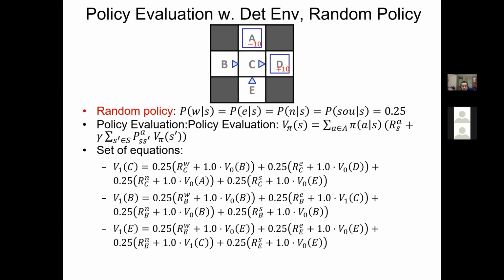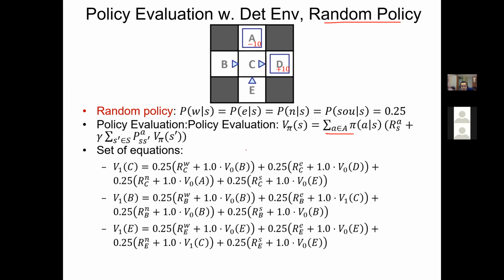And for deterministic environment and random policy, remember the policy iteration, you have 2 nested expectations. The equations are a little bit different. One is expectation over all the possible actions based on the random policy.